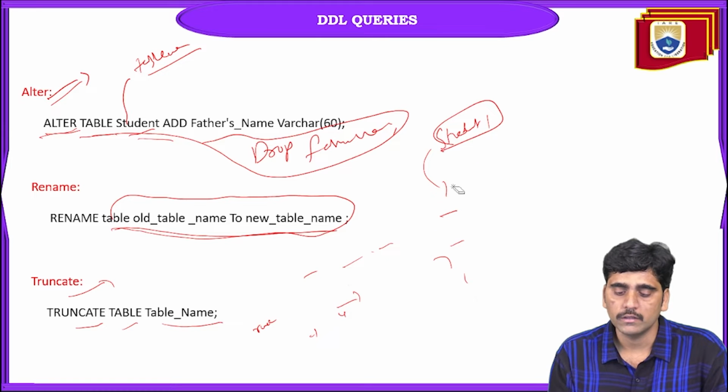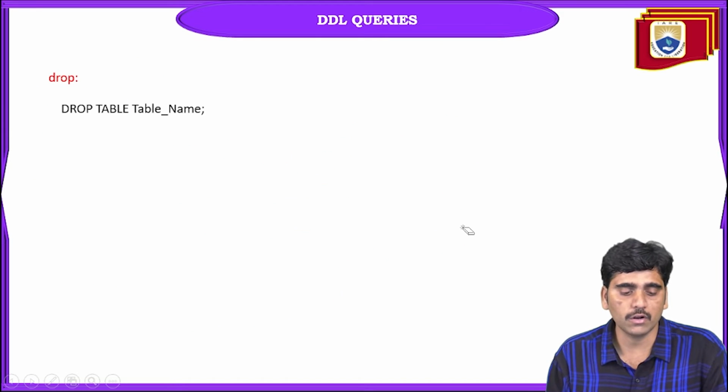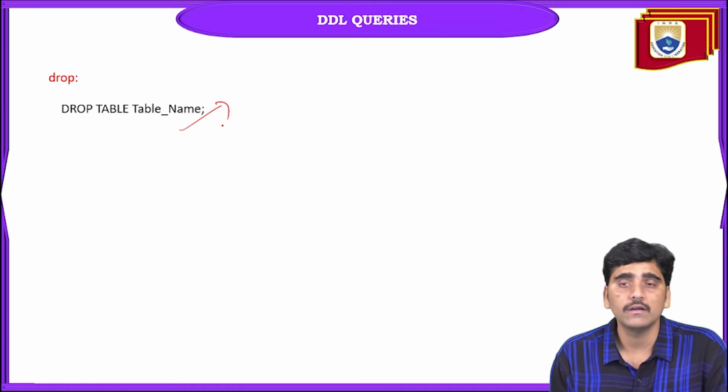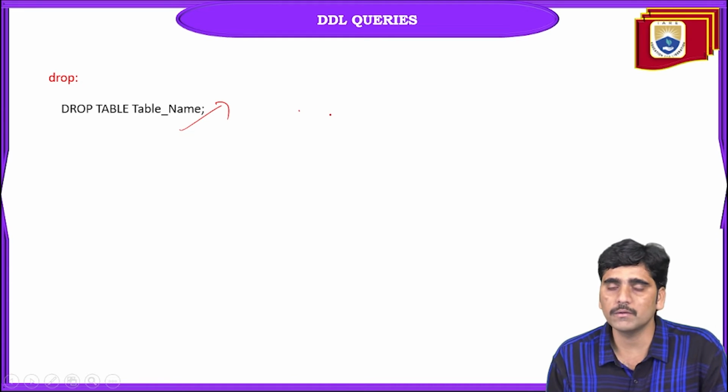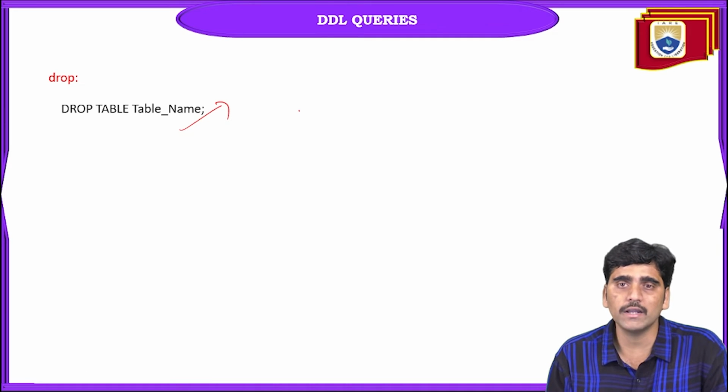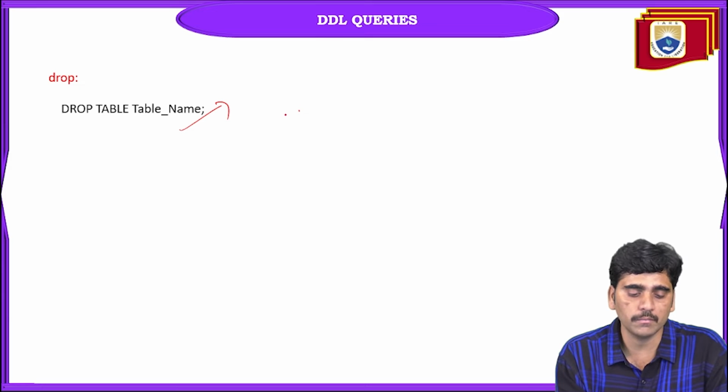And drop. The drop command is used to drop the table. Dropping the table means indirectly you are deleting all the records as well as the table also. So drop table name. The table name is what?